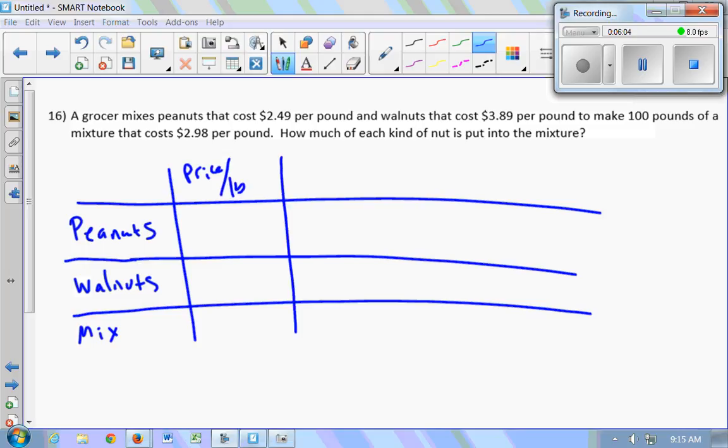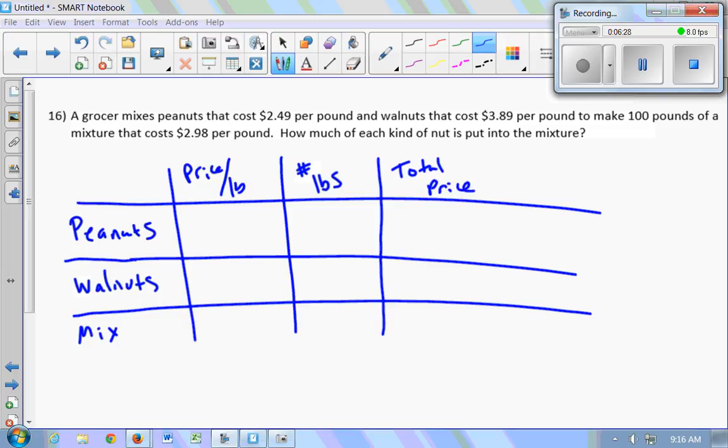The question is how much of each kind of nut, so I'll put in number of pounds for how much. And then what I can figure out is total cost. If you know the price per pound and the number of pounds, you can get total price by multiplying the two.